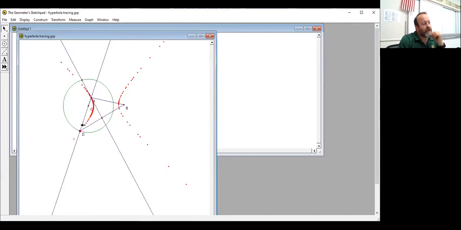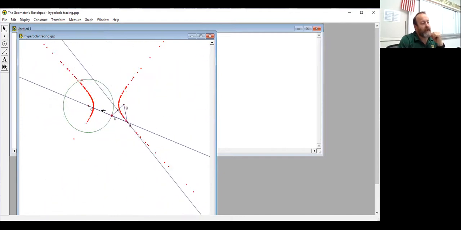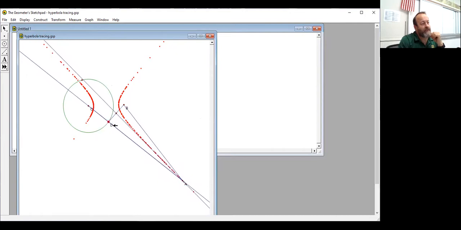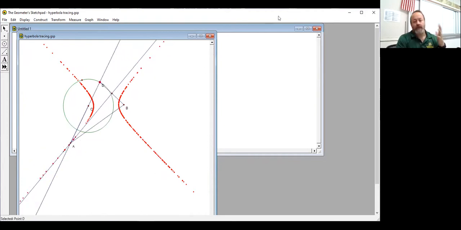Now you'll notice that based on the pixel size of my screen, if I go really slow, I could pick up more of those values. But ultimately, that's kind of what a hyperbola looks like. So with that in mind, let's go ahead and duck over here into Desmos, and let's see what happens in Desmos when we study what a hyperbola actually looks like.